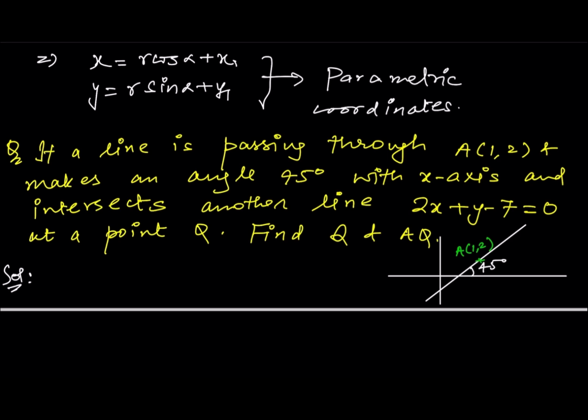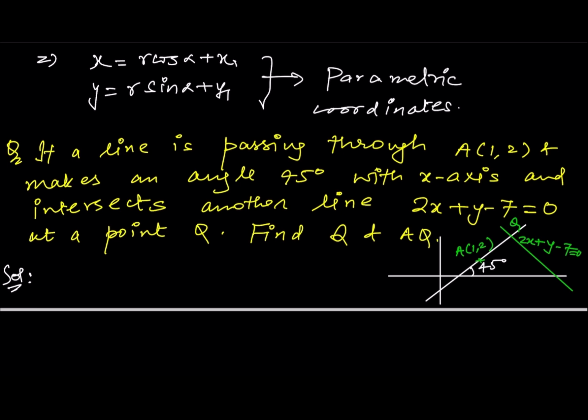Now this line is meeting 2x plus y minus 7 is equal to 0 at a point Q. So say this is another line, which is 2x plus y minus 7 is equal to 0, intersecting at Q. Then the question is find Q and AQ.